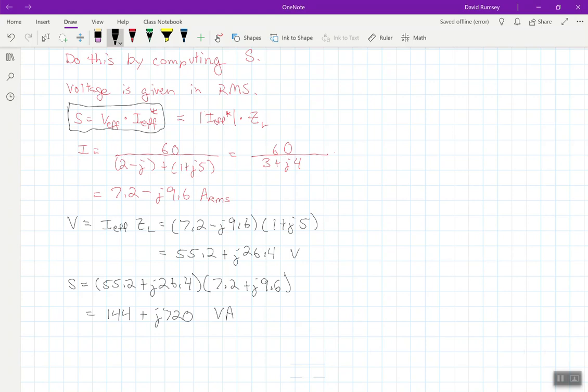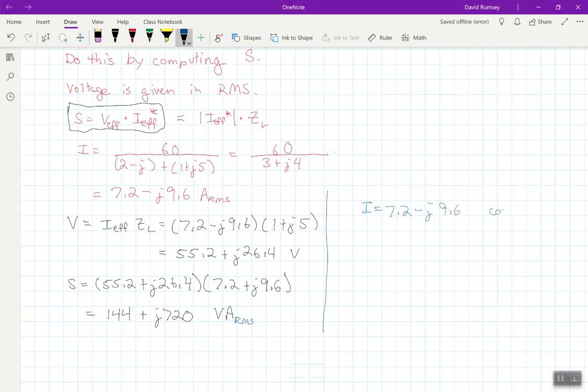Now we could already answer part of the question here, but I said I wanted to do it the other way as well. So we have my current here as, and I maybe should emphasize this is still an RMS value, I equal to 7.2 minus j9.6.